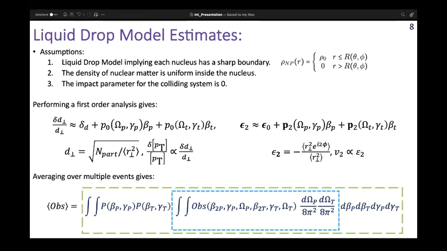If you just look at these two variables, you can get an idea of what happens to these initial state variables. Now, these are actually event quantities, which are not very useful to us, so we need to take an event average over all of these quantities. When we do that, we get two separate averages. One is the average over all the orientations between the two nuclei, and the second is the average over all the fluctuations of these deformation parameters.